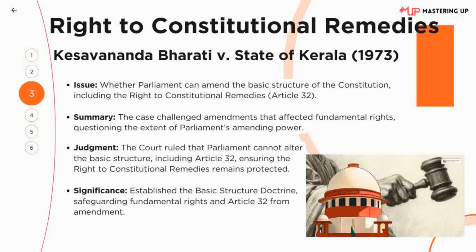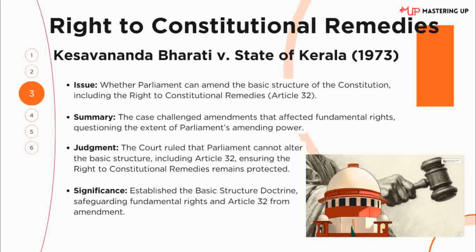The important fundamental right to constitutional remedies has historically evolved with the help of several cases, with a significant one being the Kesavananda Bharati versus State of Kerala, the case of 1973.